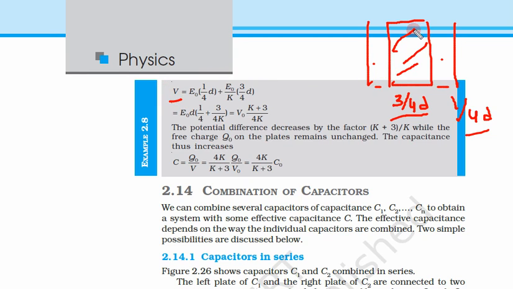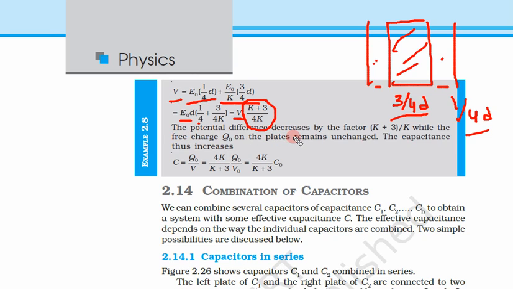It has two components: this dielectric component which has been reduced, and this E naught into 1 by 4 D part, which has the same electric field. When you add, E naught D is taken common, 1 by 4 plus 3 upon 4K, and this E naught D is V naught, and you solve this, so you get K plus 3 upon 4K.